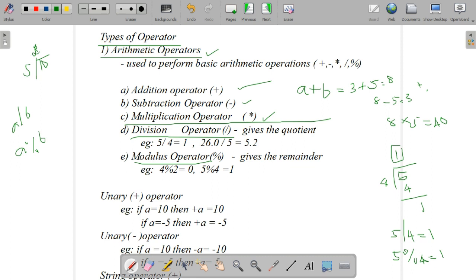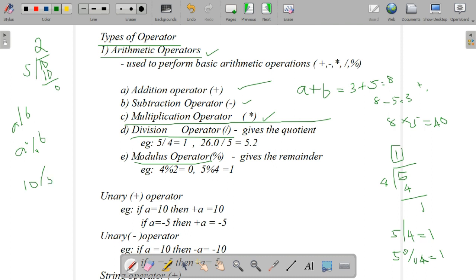If you are considering another example, 10 divided by 5. Yeah, 5, so 2 times. So you will write 2 here as the quotient. So what is the remainder? 0.